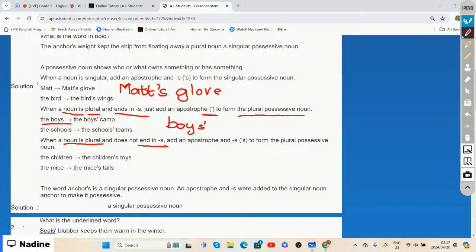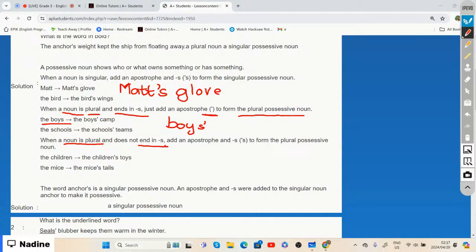And plural nouns are not the same as possessive nouns. Because with plural nouns, it just shows that there's more than one person, place, or thing. Whereas with plural possessive nouns, it shows the more than one person, place, or thing that owns something or that has something.